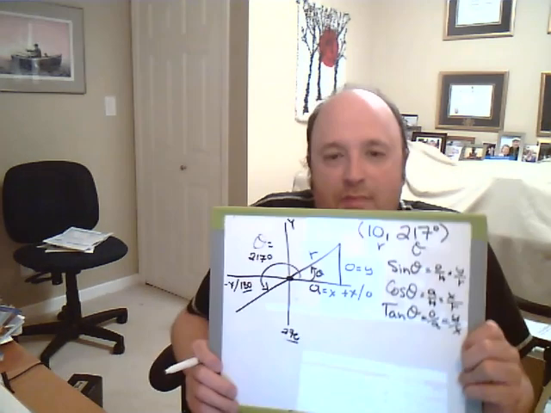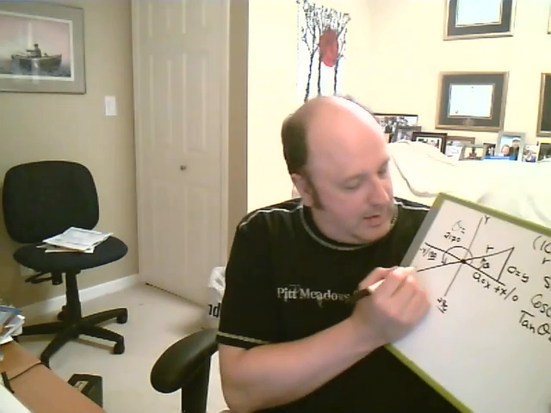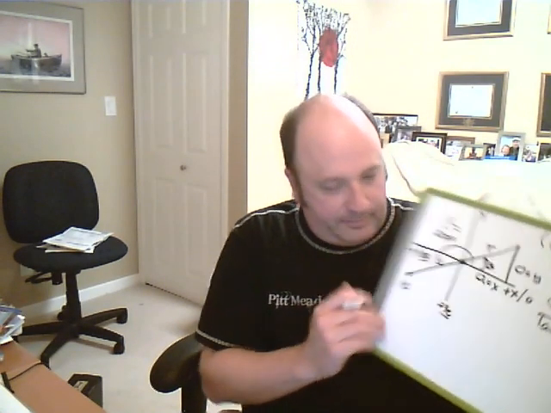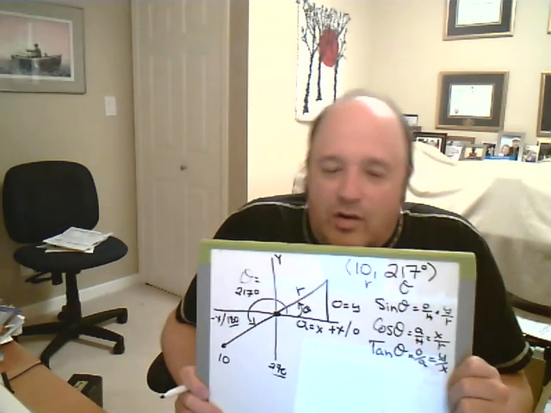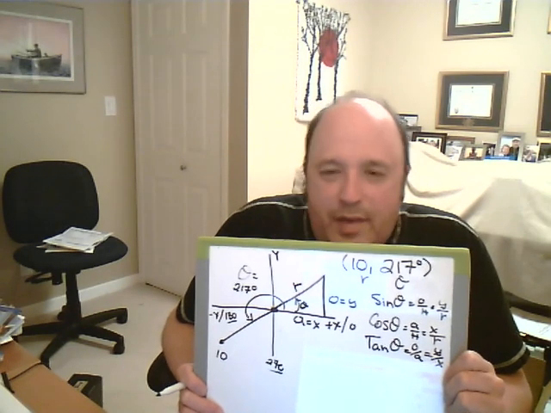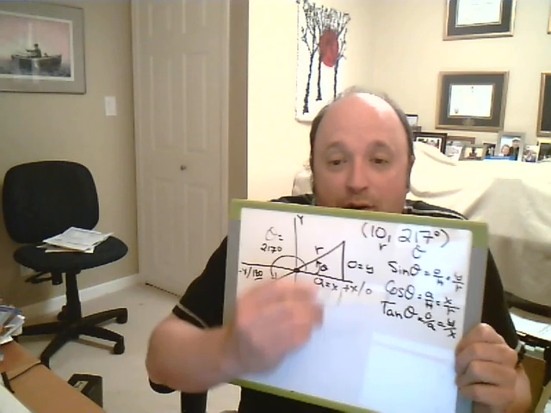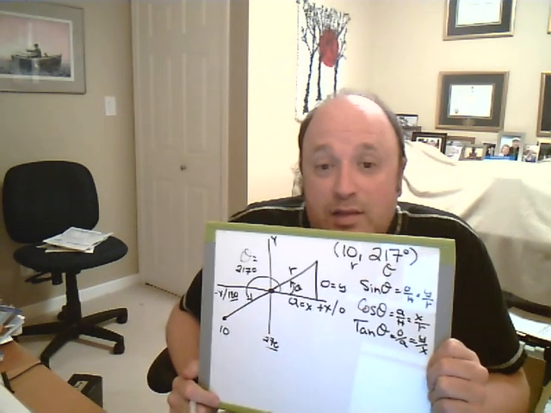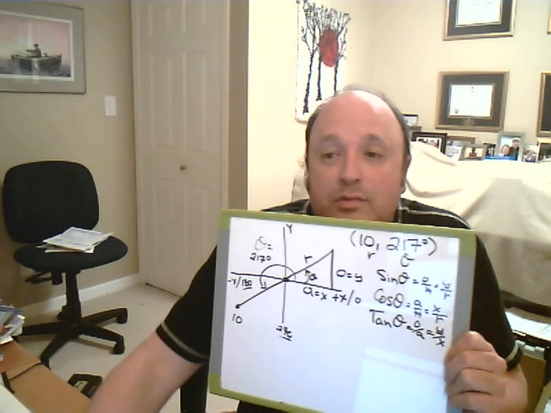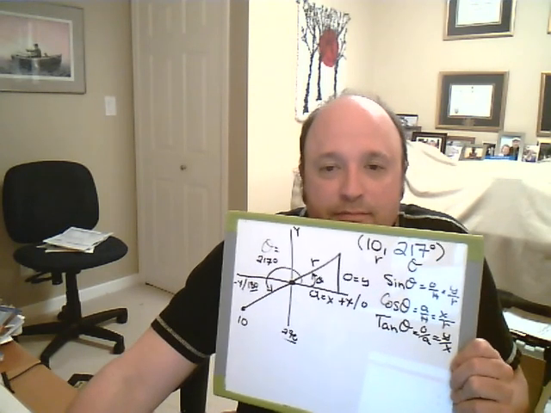Okay, so that's my angle, and I know that the radius is, say, 10. So you might think, oh gosh, I've got to draw triangles, and man, you don't have to. If you remember those things, life is really, really easy. And I'll show you. Check it out.